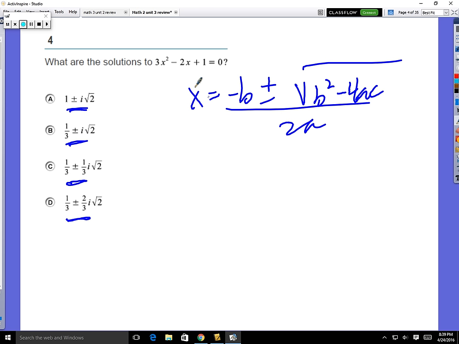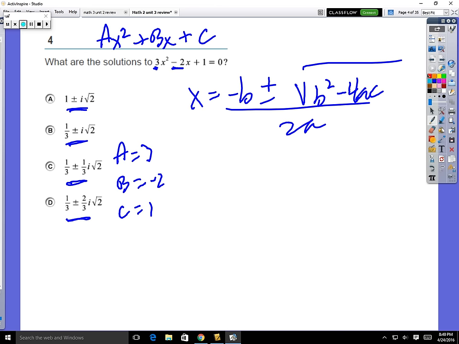So, got to put it in order. It is already in standard form. A is how many squares you got, B is how many linear pieces you got, and C is how many constants you got. So A is going to be 3, that's how many squares I've got. B is -2, and C is 1.